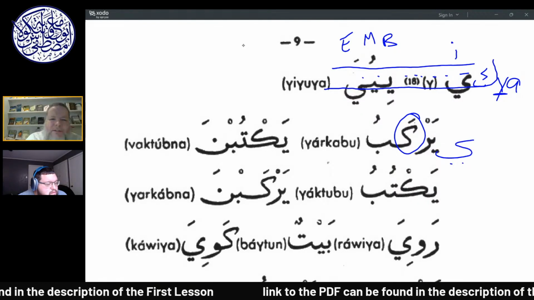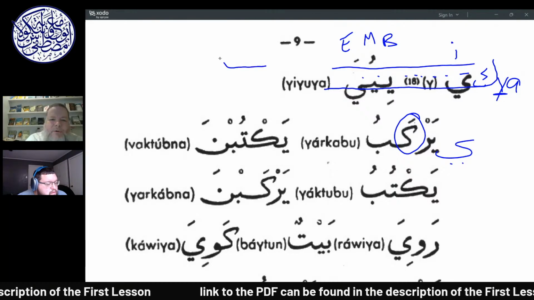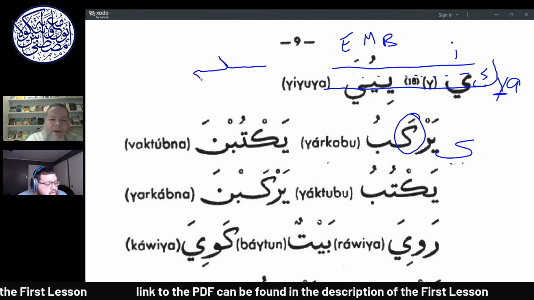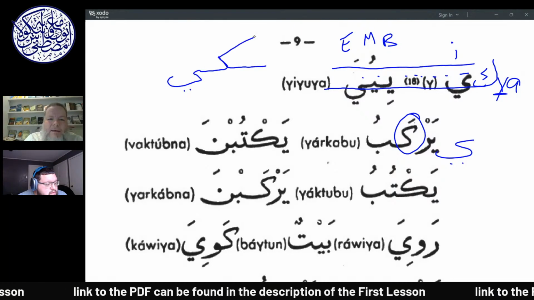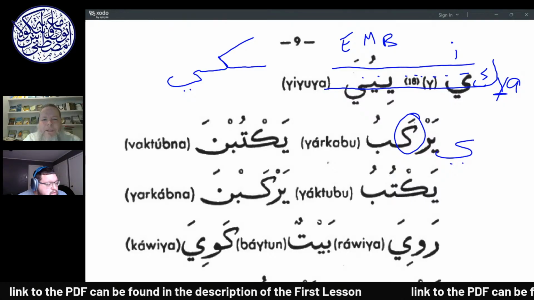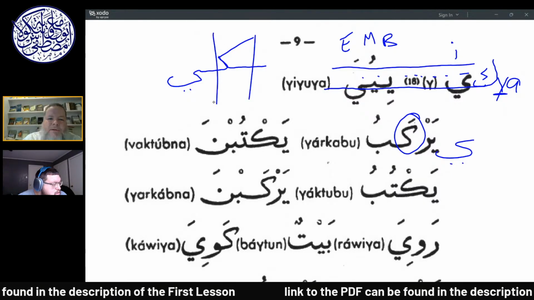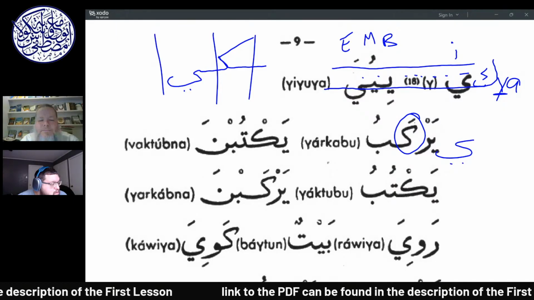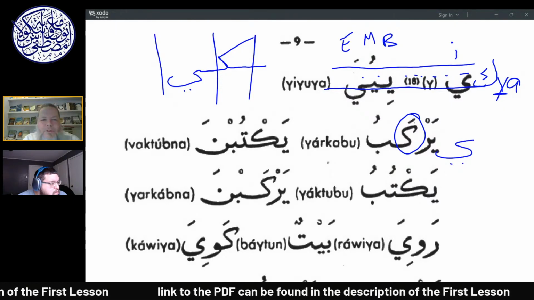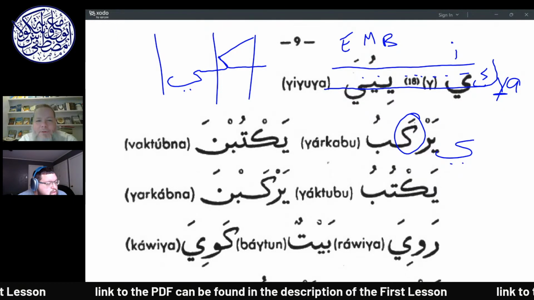So if I connect them, I put my kaf and then my ya, it'll look like that. This is your kaf here, and this is your ya. While they look a little bit alike, not a whole lot.